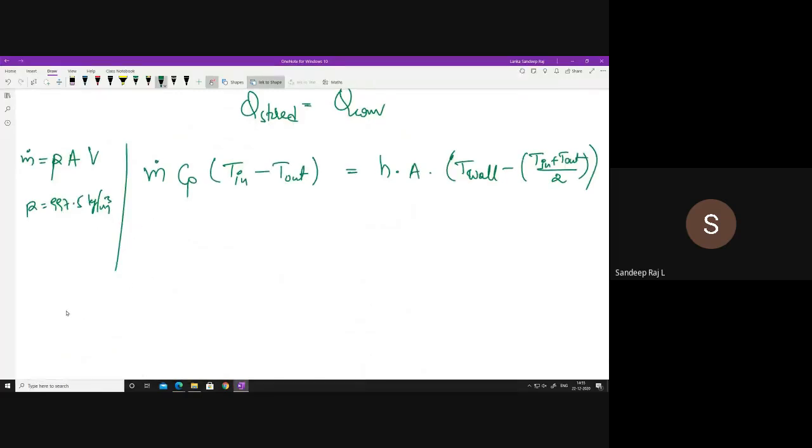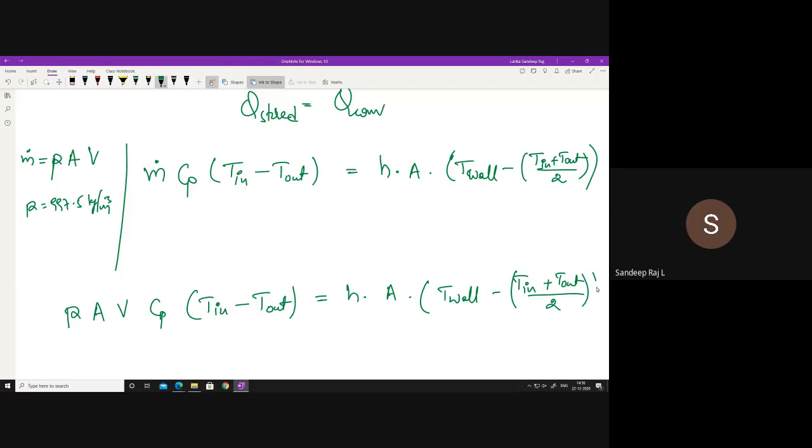So let me write this more properly here. Rho A V into Cp into (T in minus T out) is equal to h into A, where A is pi d l. Let me write A itself: (T wall minus T in plus T out by 2).